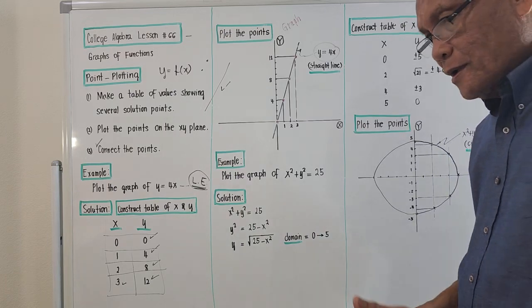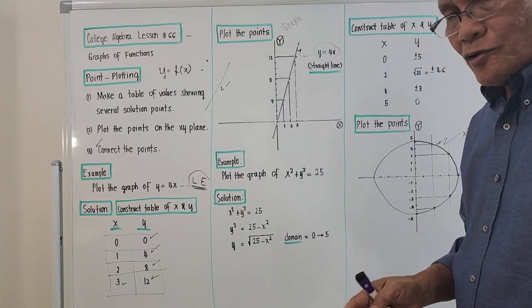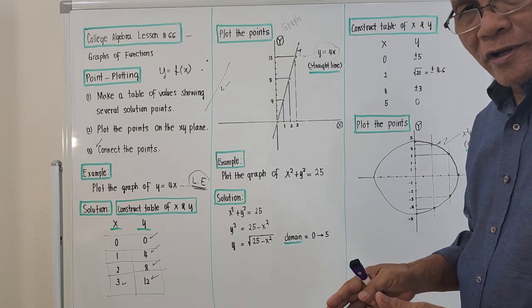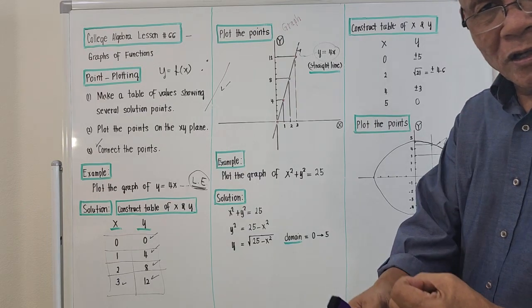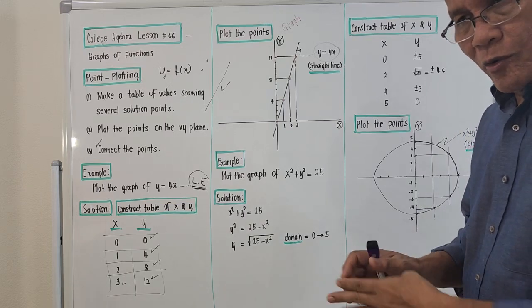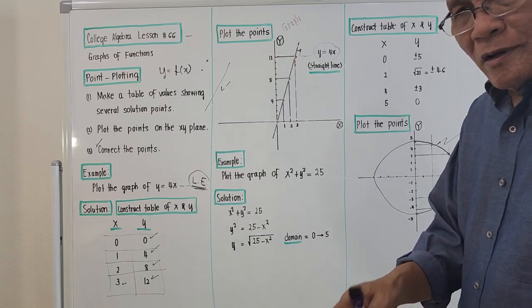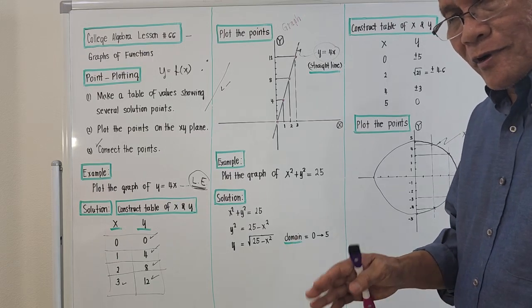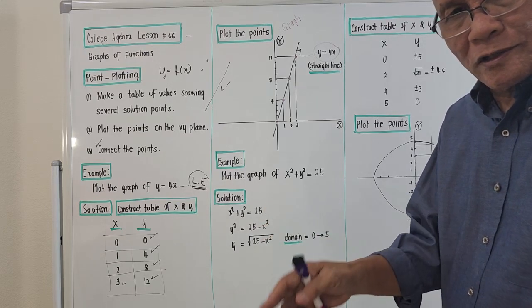If it is second degree, there are a lot of variations, right? So it could be a circle, it could be an ellipse maybe, or it could be a parabola. But that's actually a topic already on this whole study of analytic geometry.